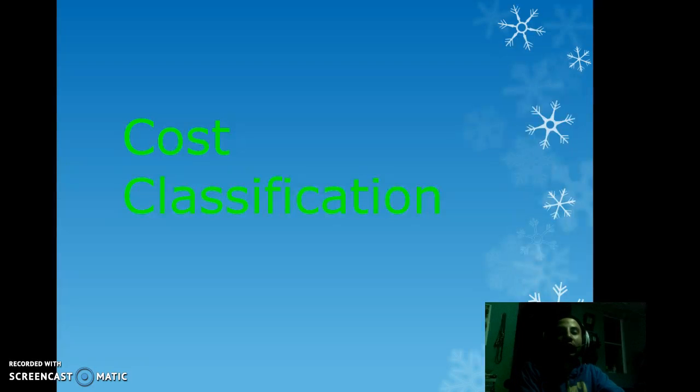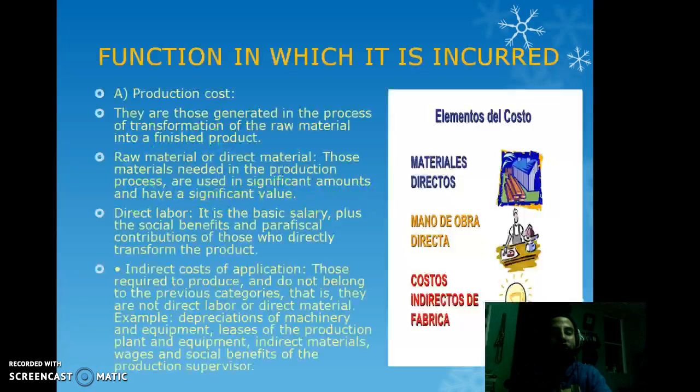Now, I'm going to talk about cost classification. The first one is associated with the function in which it is incurred. On this point, we can find the production costs divided in 3 items. The first one is raw material or direct material, those materials needed in the production process. This is so important because thanks to that, we can create a specific product.